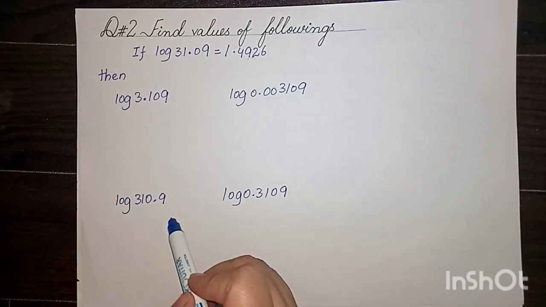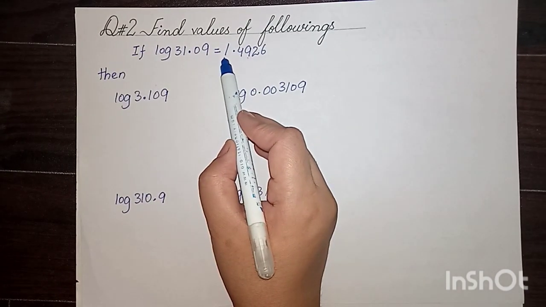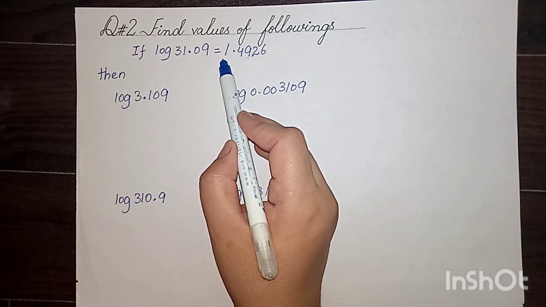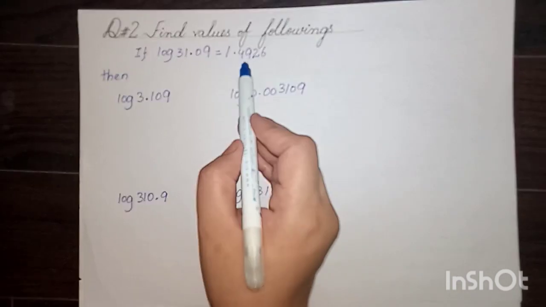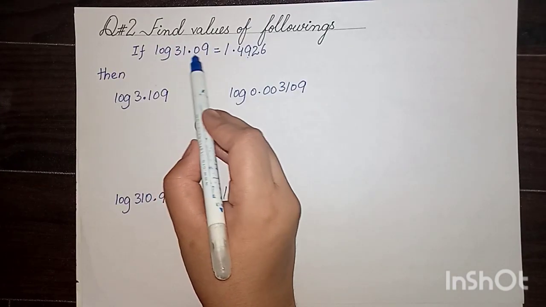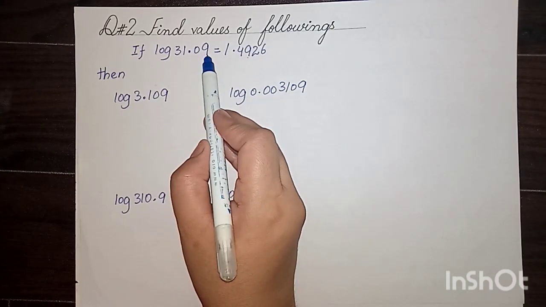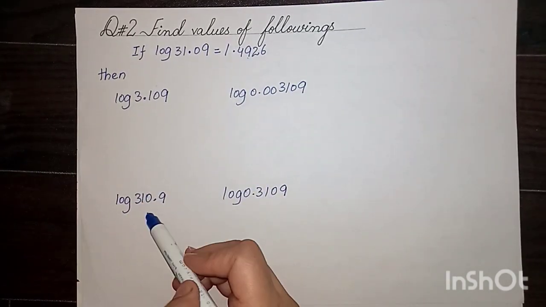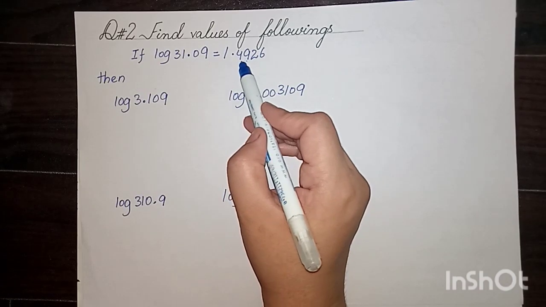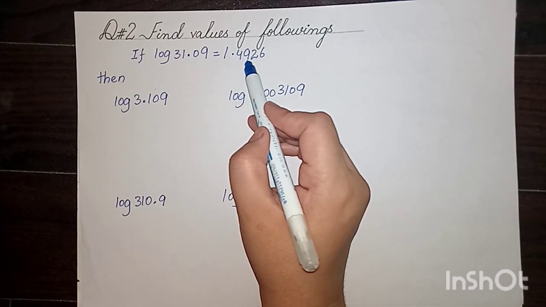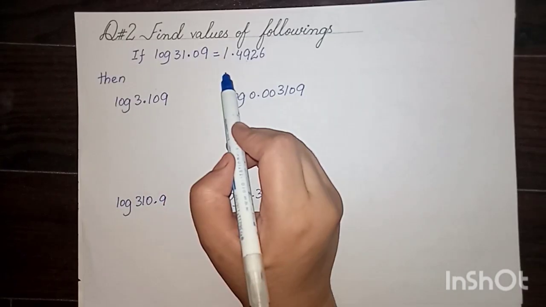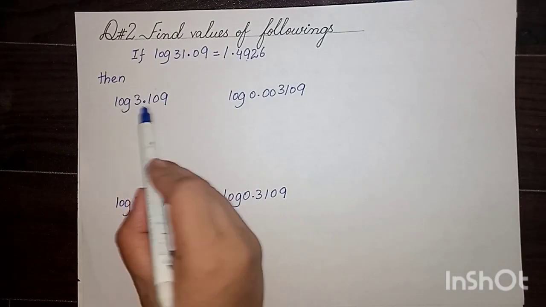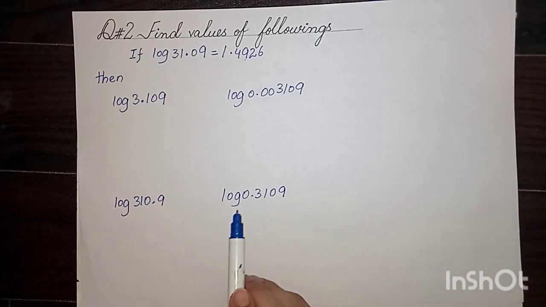This means that in these questions the value of the characteristic will change, but the value of the mantissa cannot change, because for the mantissa we use the same digits 3109. So we will write the mantissa 4926 again and again, but the value of the characteristic will change because the position of the decimal in each question is different.